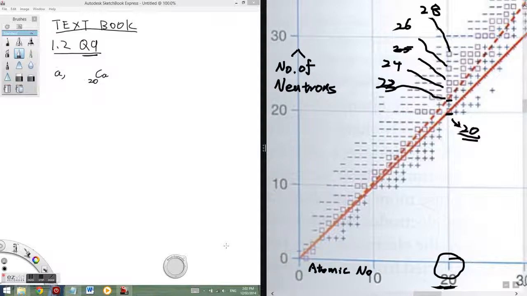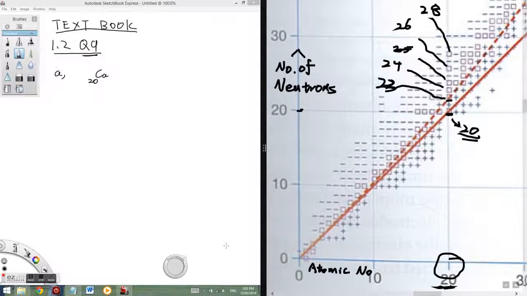So for atomic number 20, I have 1 square, 2, 3, 4, 5, 6. 6 squares. It means we have 6 stable isotopes. So let's read.